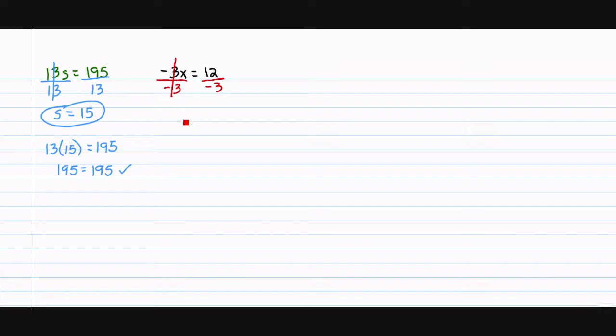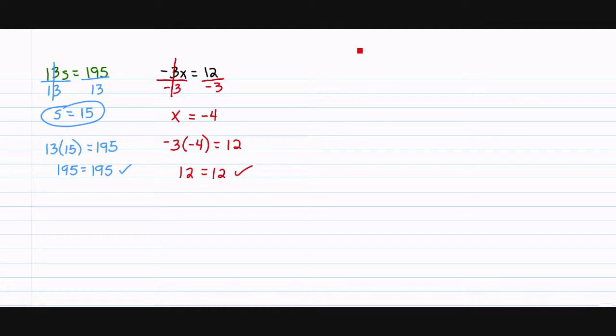When you cancel it out, it equals a 1x. And 12 divided by negative 3 is negative 4. When I plug it in, negative 3 times negative 4 gives me a positive 12. And 12 equals 12, hence making that sentence true.